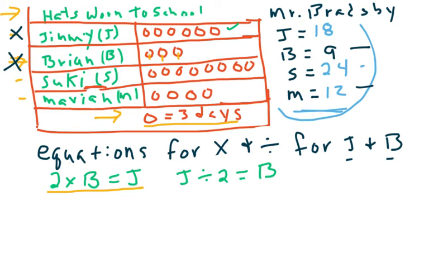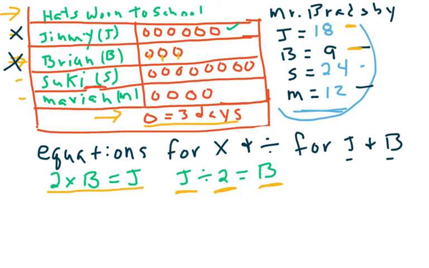Go over here to the numbers. Here's the 9, here's the 18. What's the relationship? Well, 2 times 9 is 18. Then you go to the inverse operation. Jimmy, which is the 18, divided by 2 gives us Brian. So Brian has half as many. That's what this says: J divided by 2 gives Brian, who has half as many. And so there's a multiplication and a division problem.